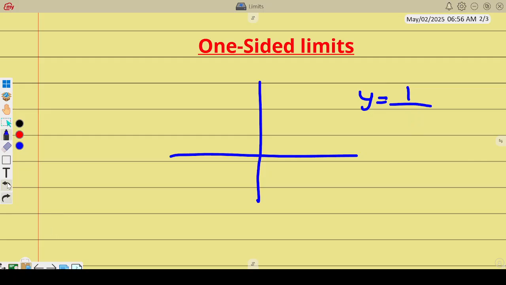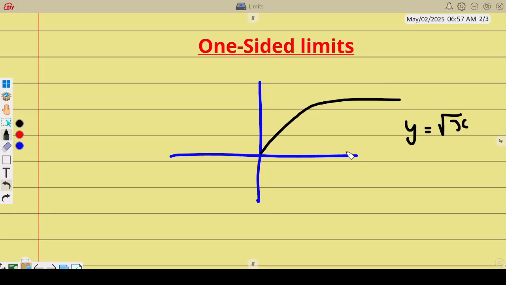Now this one won't make sense for a start. What can I think of? My idea is gone. So for the one-sided limits, we'll take any form. Like this is the graph of y is equal to root x.